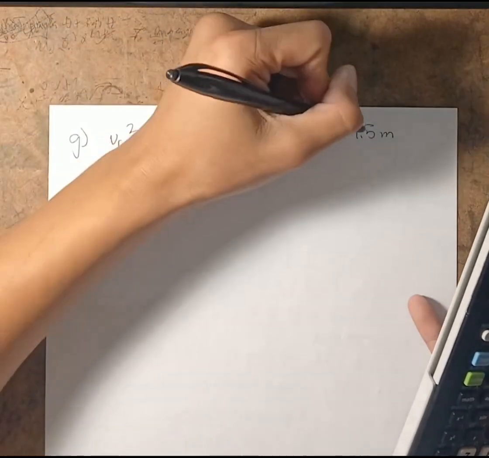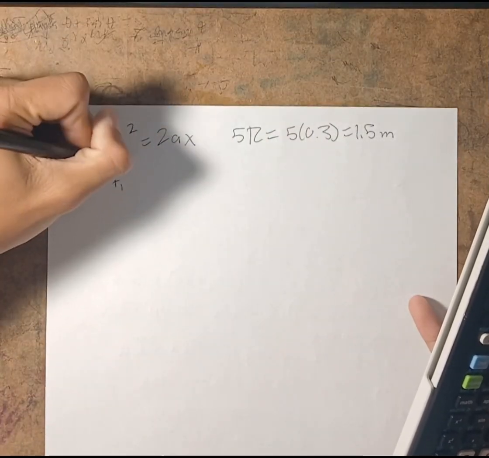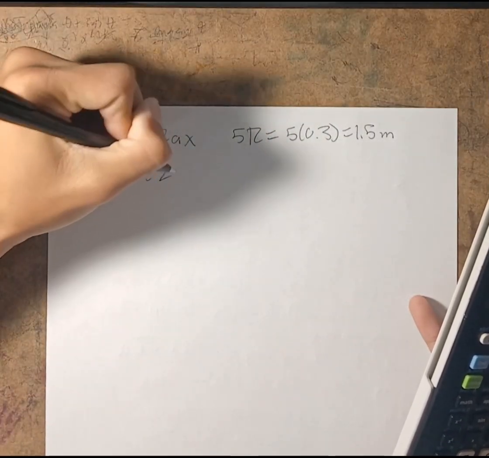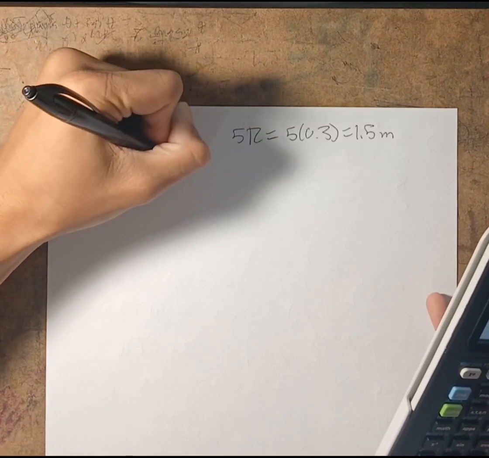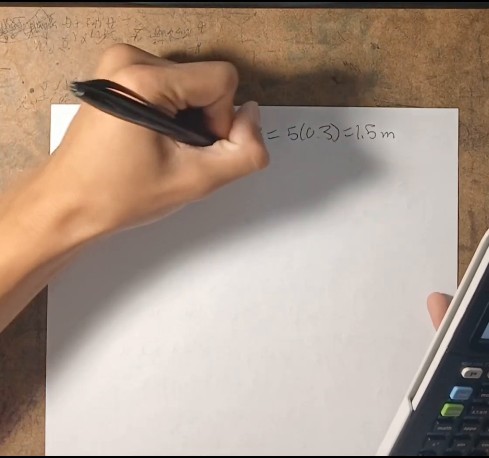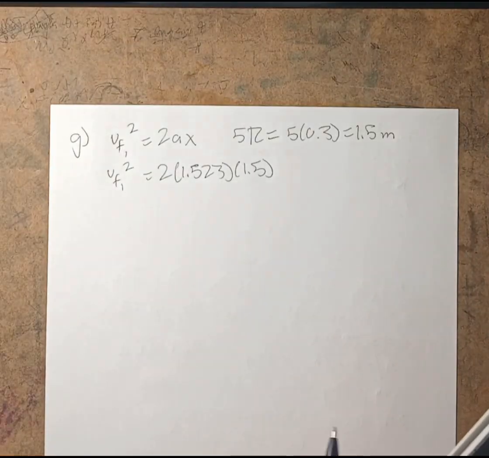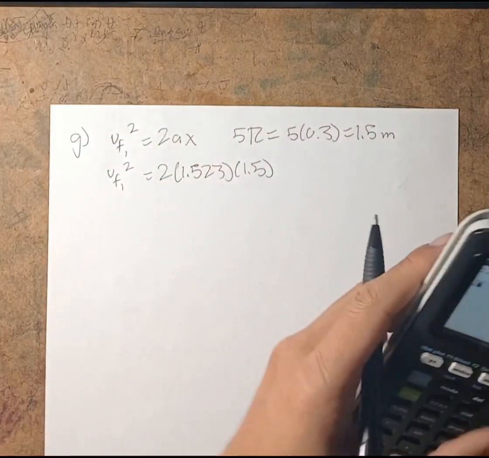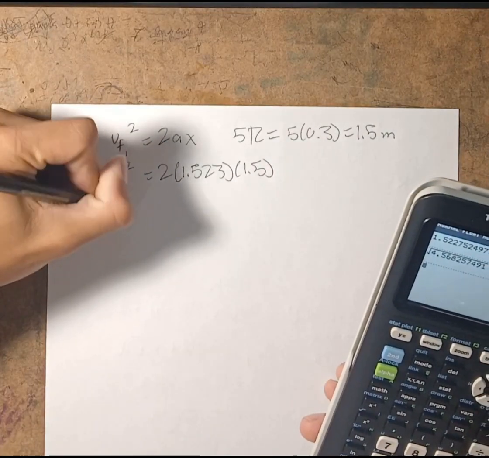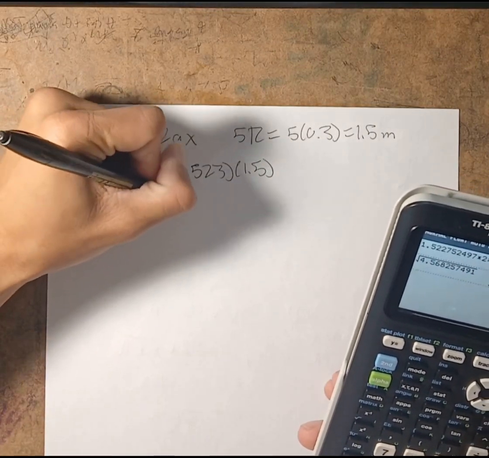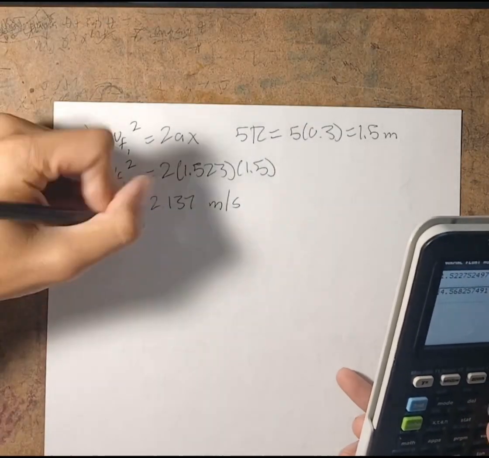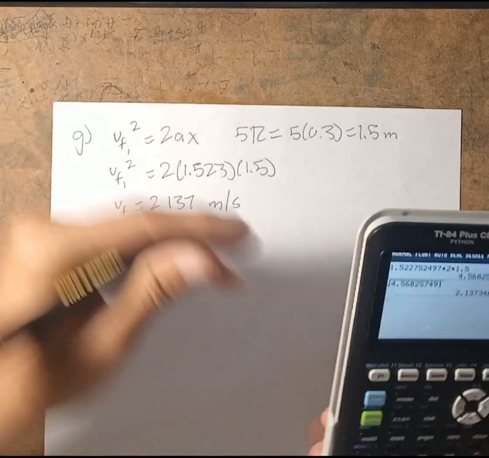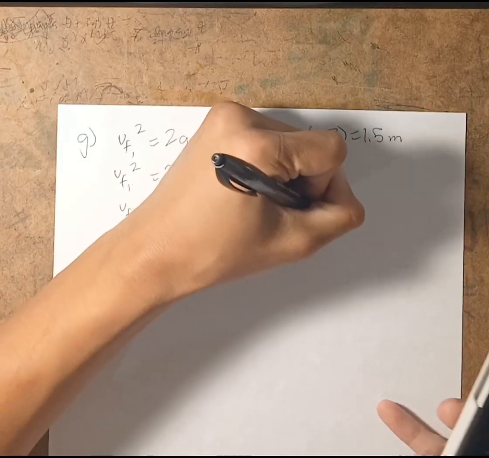And then we just plug this in for x here, so VF1 squared equals 2 times our linear acceleration, which is, of course, 1.523, times 1.5. And then square root it. So VF1 equals 2.137 meters per second.